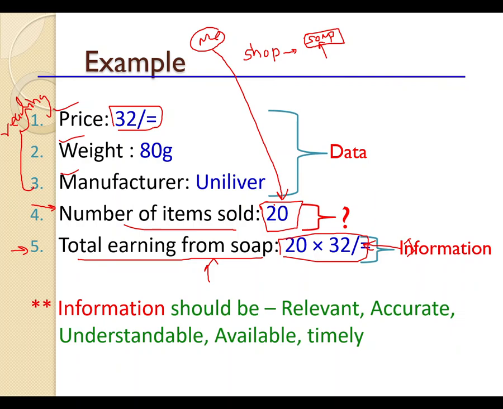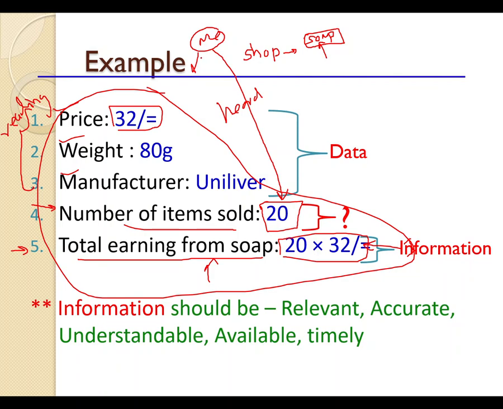How did I get this? I just heard from the shopkeeper. Shopkeeper said that 20. I didn't do any computation. Shopkeeper did the computation. So then this arrangement is done by myself. The entire research was done by myself. So for me, isn't this data or information? The 20 is going to be data. Why? I didn't do any computation.